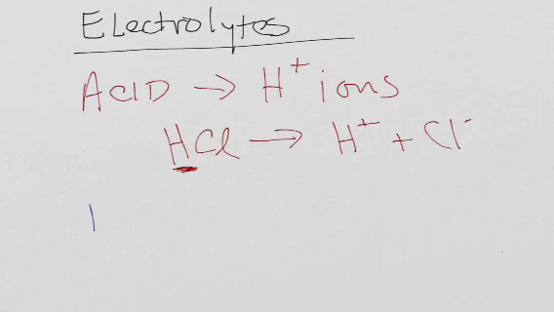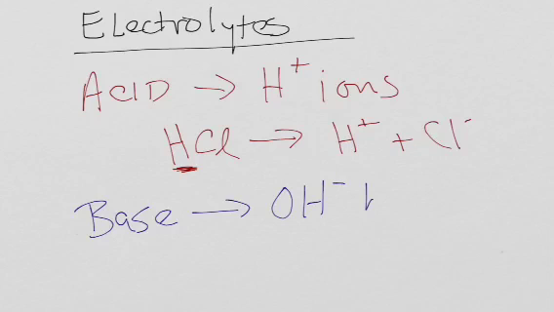A base, on the other hand, is identified by having an OH, or a hydroxide. This is called a hydroxide ion. Anytime you have hydroxide in a chemical formula, that substance will be basic.